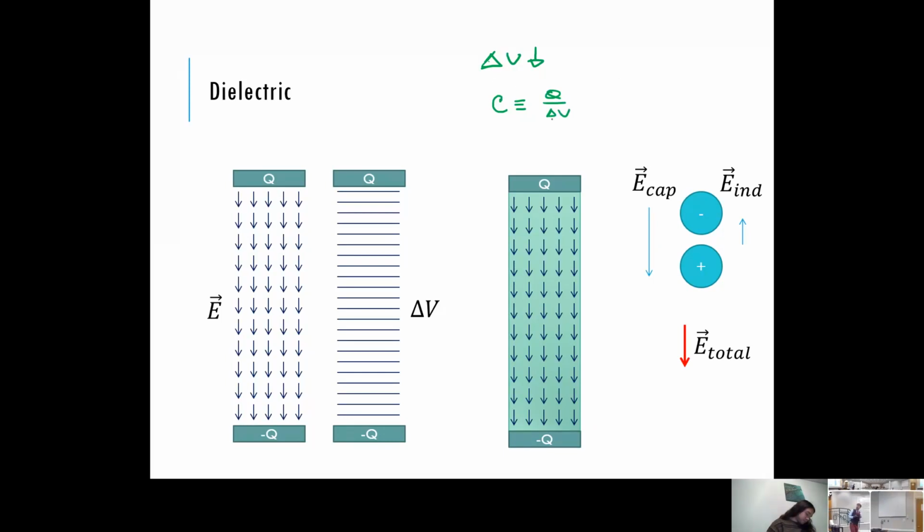If delta V goes down, that means the capacitance must increase. Dielectrics, inserting a material between the plates of a capacitor, are a way of increasing the capacitance without changing the size. You can store more charge for the same geometric shape by simply inserting a dielectric.